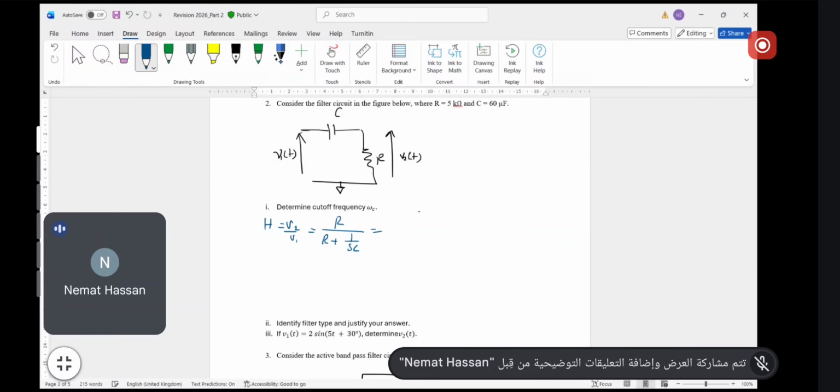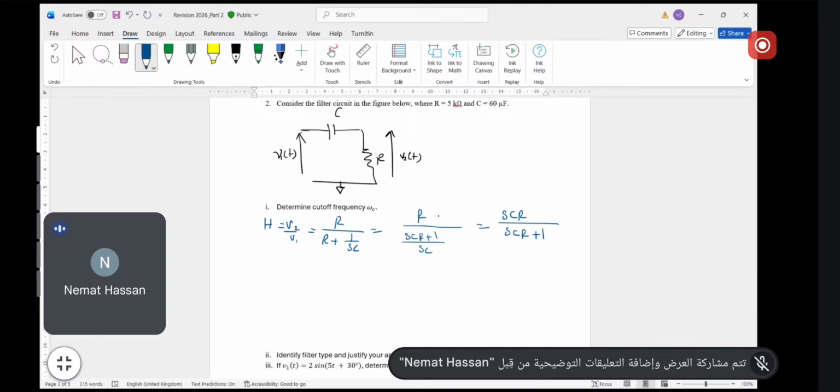We'll do the same steps we did before. Unify the denominator, so it becomes SCR plus 1 over SC, which means it's equal to SCR divided by SCR plus 1. We did this so many times before. I think it's clear for everyone so far. Then all you have to do is repeat the same thing we did before.